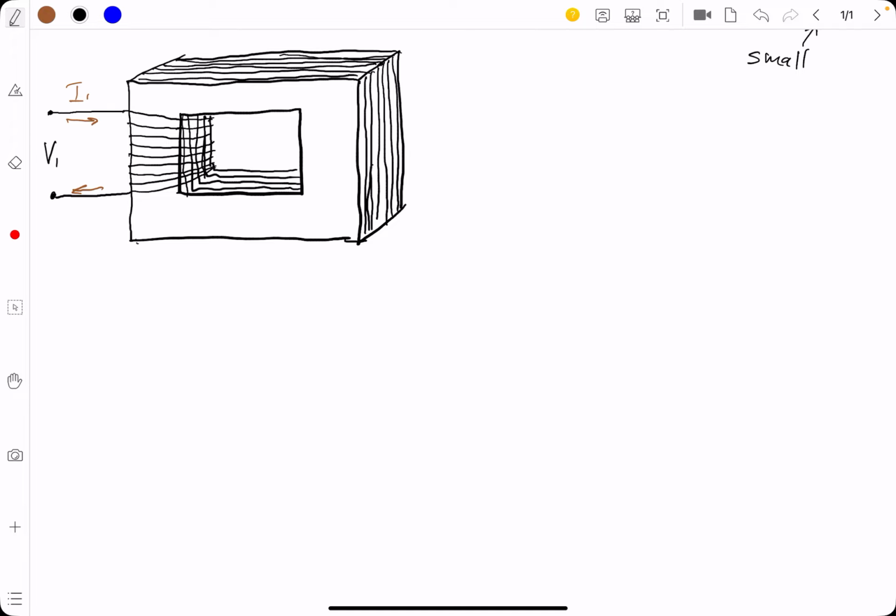And then on the other side, you have a similar thing. So, but this time, let's see, do we want step up or step down? It doesn't matter. We can go one way and then go the other way.